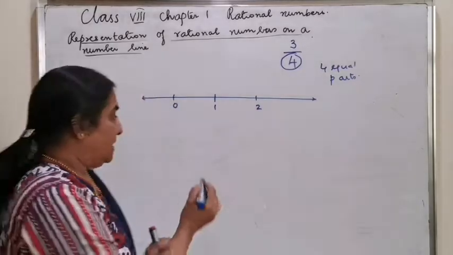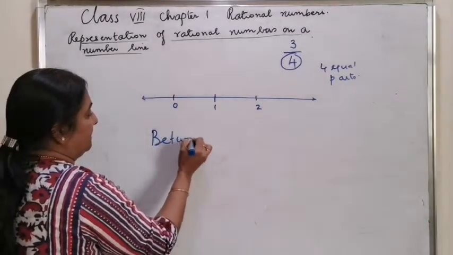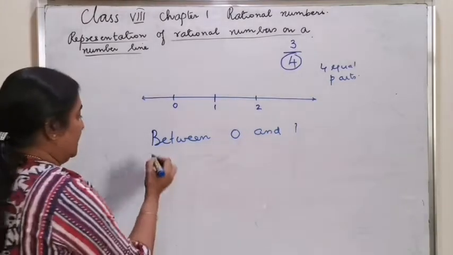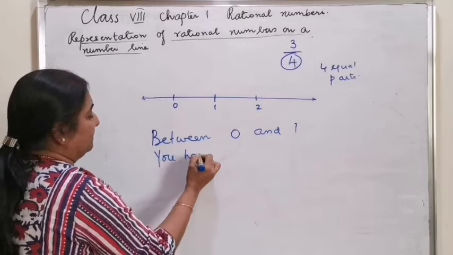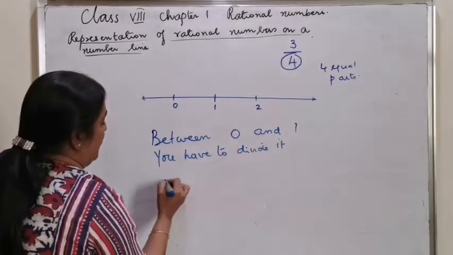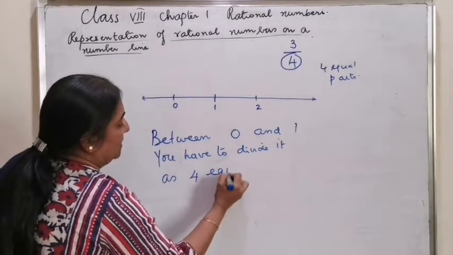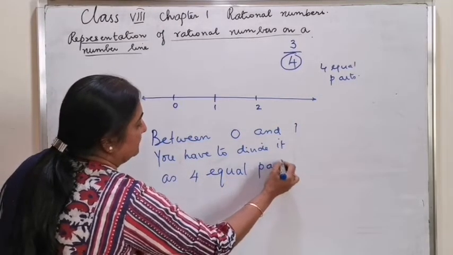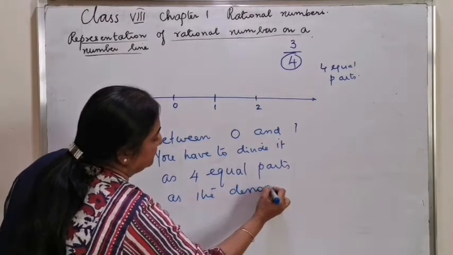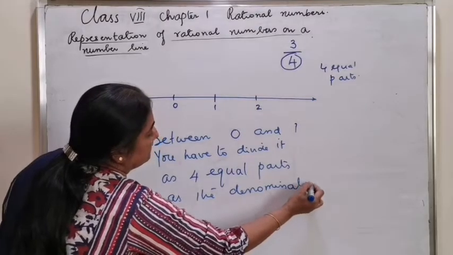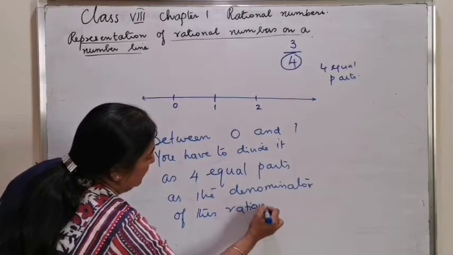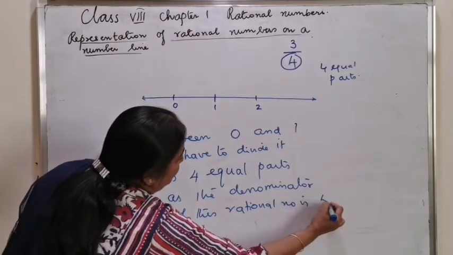That is, between 0 and 1, you have to divide it into 4 equal parts, as the denominator of this rational number is 4.